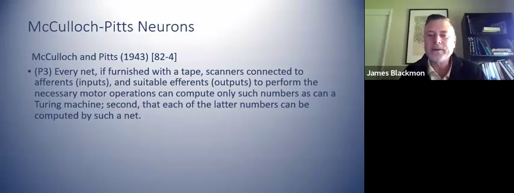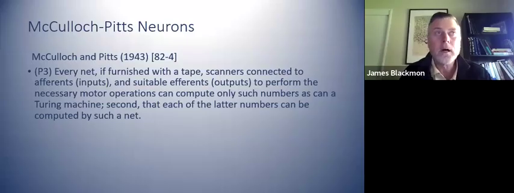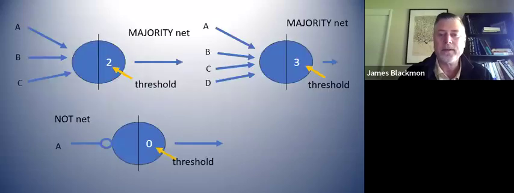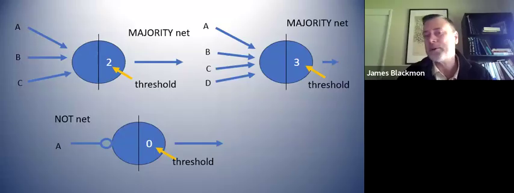Second, each of the latter numbers can be computed by such a net. So they're arguing that for any Turing machine, which is equivalent to saying for any classical computer, forget about quantum computing for now, there's a collection of McCulloch-Pitts neurons that can do what it does. And these are very simple things. They just listen to ones and zeros, have thresholds, and produce output of one and zero. That's it.